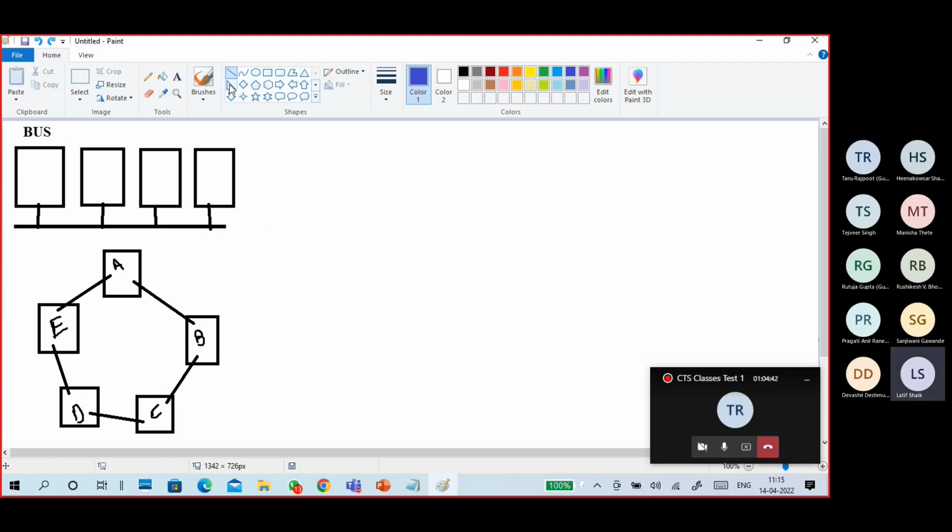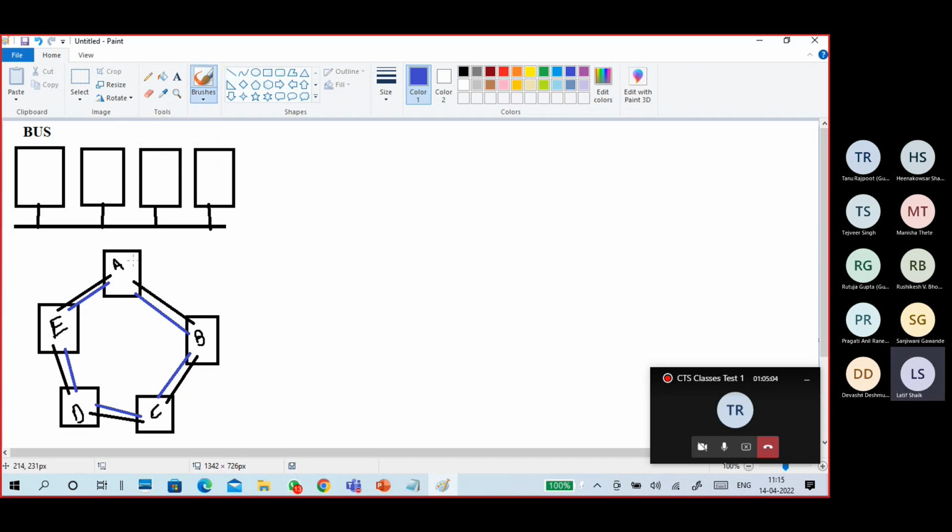Now to solve the problem, I put an additional ring to it. For example, one ring is clockwise, the other ring is anti-clockwise.